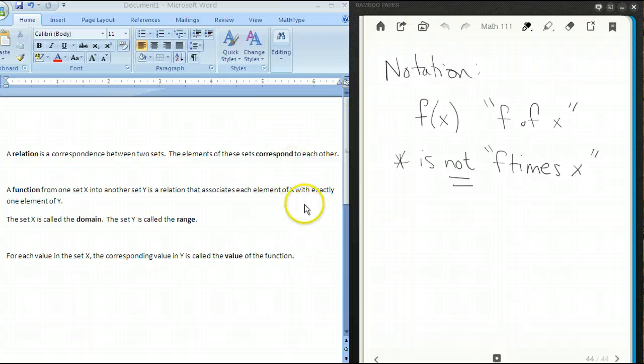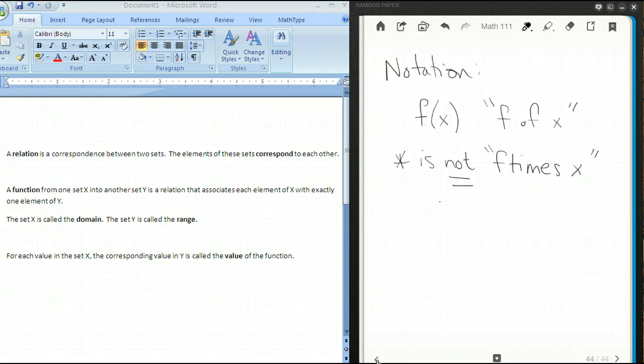Okay, so we have another word to use when we're making use of this notation, right? You can also say that if you have a value in the domain, right, in the set X here, then its corresponding value in Y under the function is called the value of the function, right?